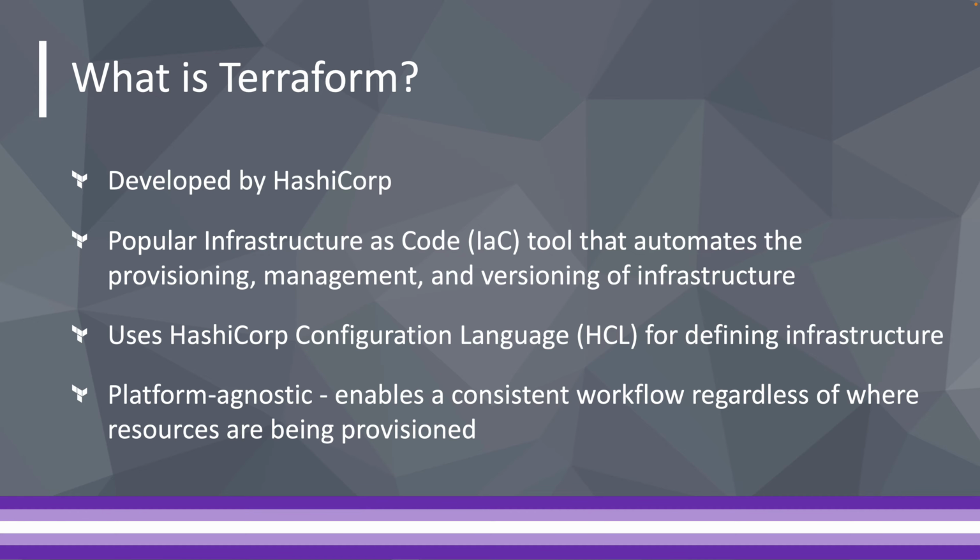Now, when you're creating Terraform configurations, we're going to use HashiCorp's configuration language, or HCL, to define our infrastructure. Terraform is platform agnostic, and what that means is Terraform can support many different types of platforms where you want to deploy your infrastructure. If you want to deploy infrastructure on a public cloud, Terraform supports that.